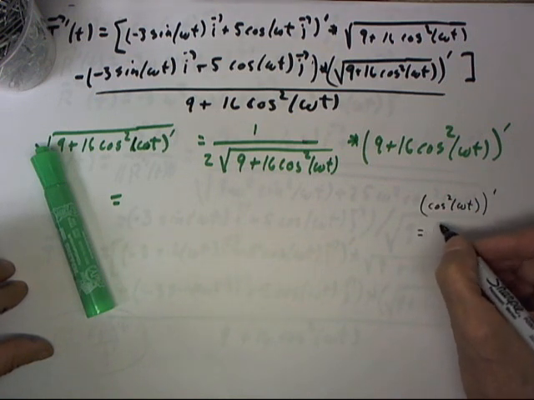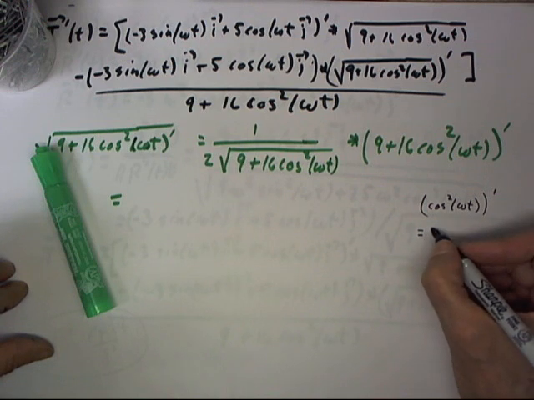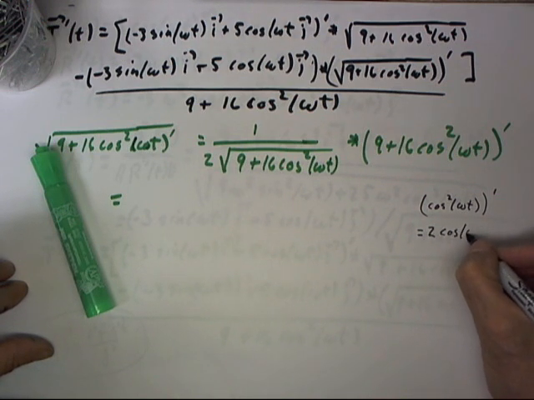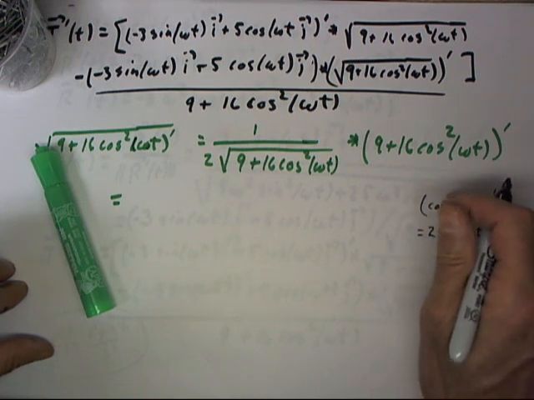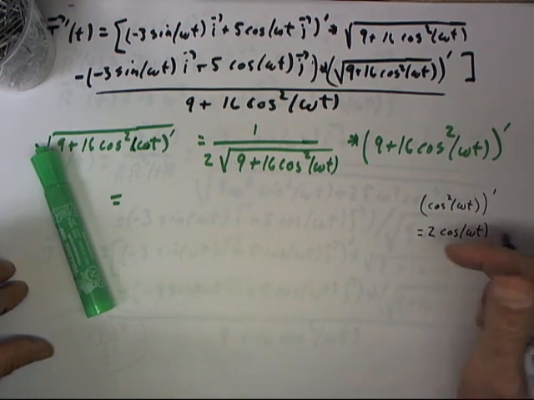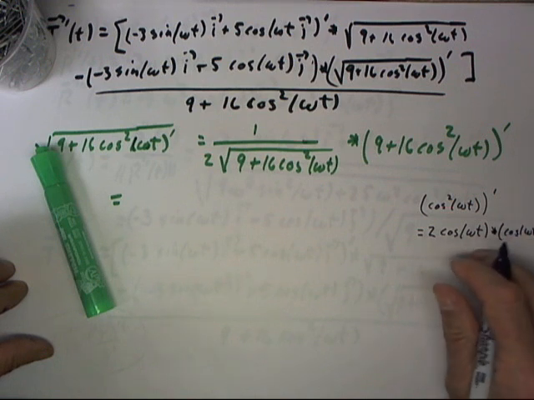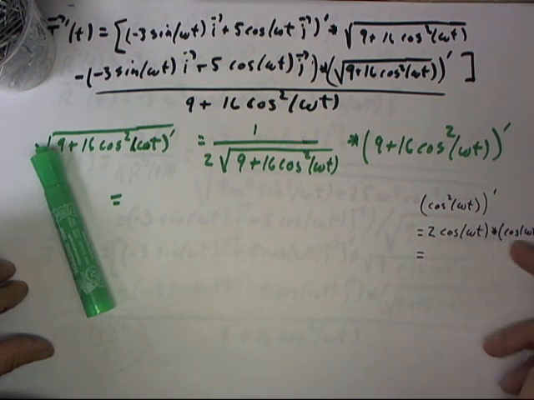what? It's 2 cosine of omega t, because the derivative of the squaring function is double that function, multiplied by the derivative of the cosine of omega t. And we're familiar with the derivative of the cosine of omega t.